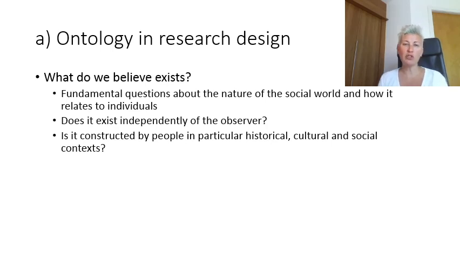When we talk about ontology, we're talking about fundamental questions about existence and what it is that we think exists. What do we believe is out there in the world? Fundamental questions about the nature of the social world and how it relates to individuals lead us to ask, is there something out there that we can measure independently of the observer?